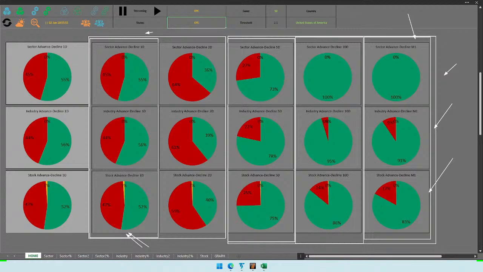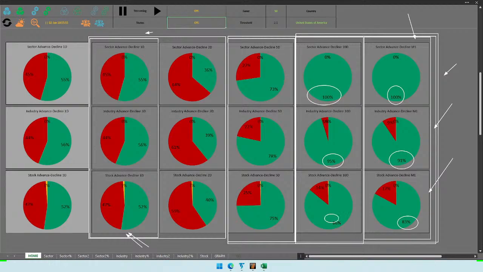In fact, 10 days and 5 days are bullish so much that you may say it is nearing the overbought condition. You see, all of these percentages are above 80% across sectors, industry, stocks. When it becomes above 80% for all of them, then it is becoming overbought. But the overbought condition is not there in the last few days.